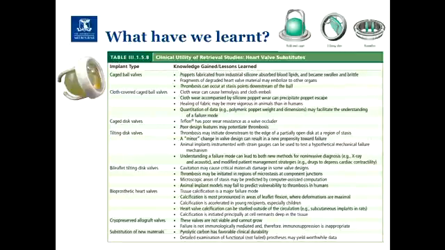So I've put two tables from the textbook, mainly because they really do summarise in one place what we have learned from different medical implants, which then helped direct the future iteration of that device.